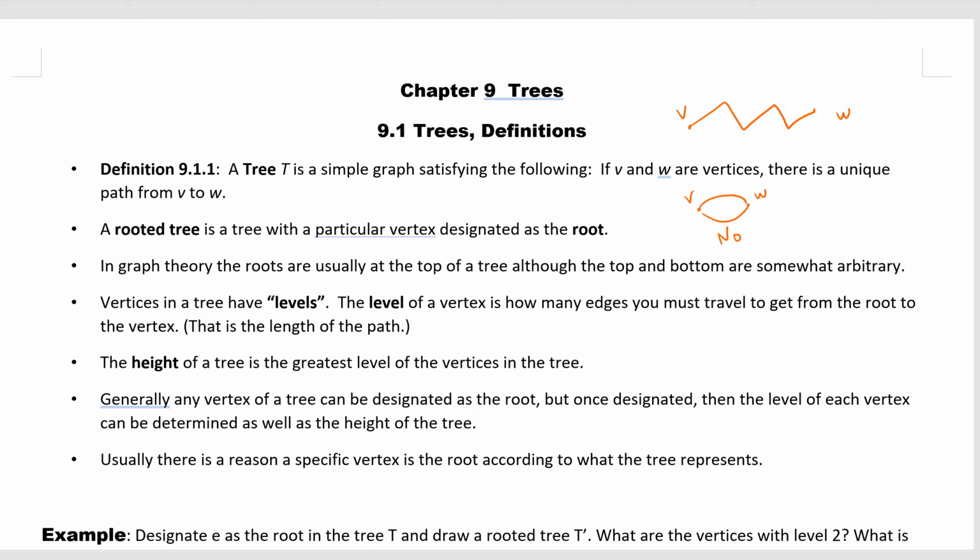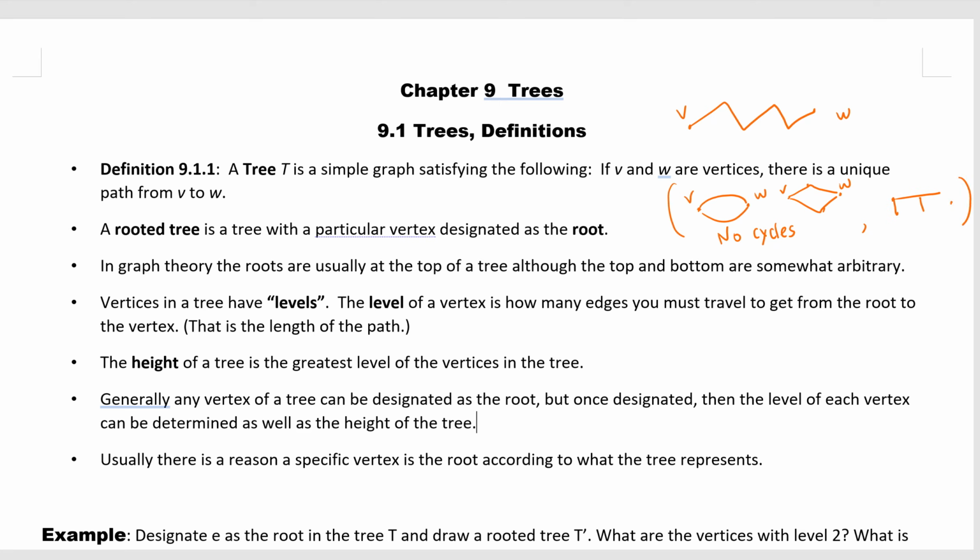So no parallel edges. Actually, no cycles, because we don't want different ways to pass through it. And also we want it to be connected.